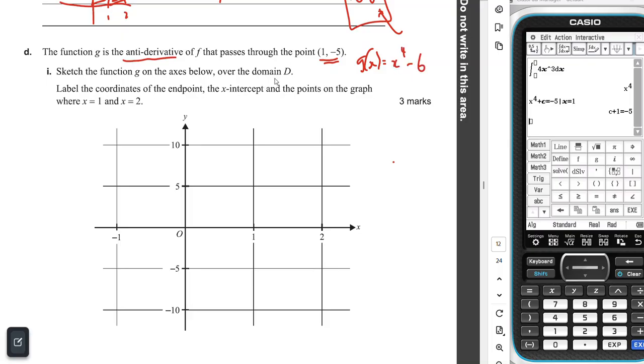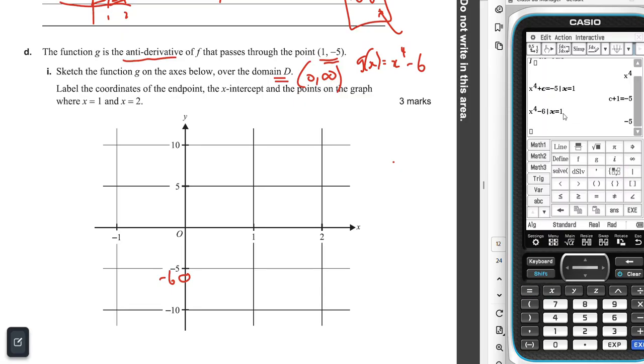And we need to draw it over the domain of d, and the domain of d was 0 to infinity. So we're going to start here at -6. And if I've got x to the power of 4 minus 6, given x equals 0, that's -6. When x equals 2, that's 10.